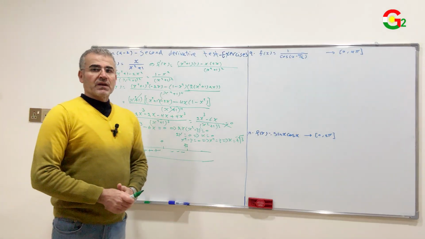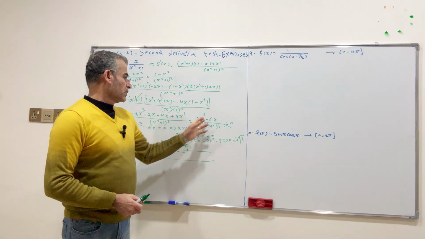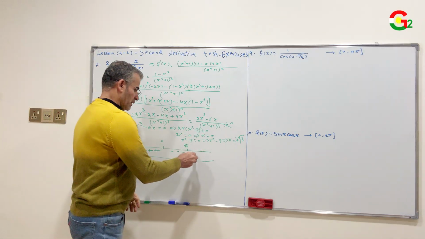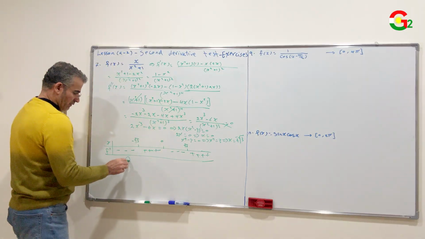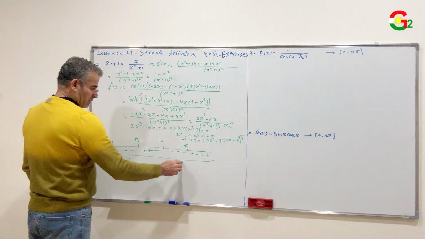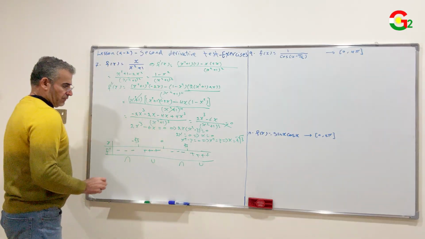When x is greater than square root 3, take 2. 2 times 8, 16. 16 minus 12, positive value. Therefore, the function here is convex, and this is the interval of concave.